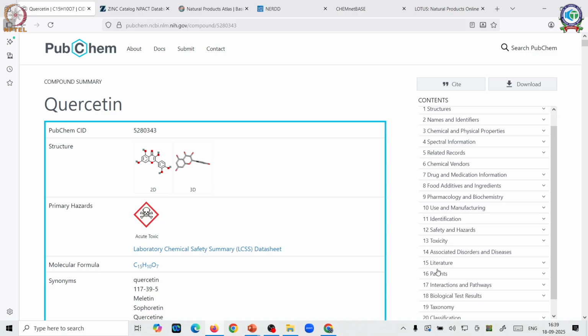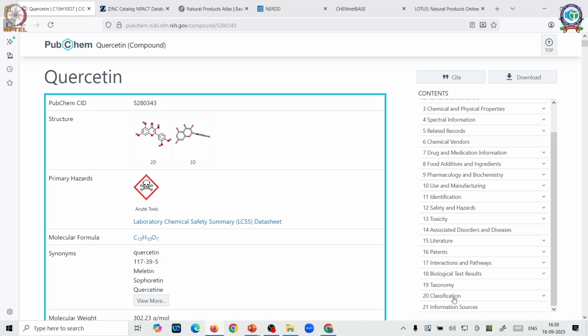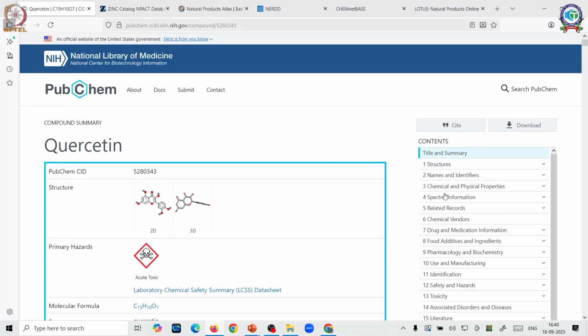Kindly understand the elaborate literature is not brought in, just what pertains to the structural attributes. Interactions, pathways, biologicals, taxonomy, classification. So you can see it is giving you a whole chemistry in one page.